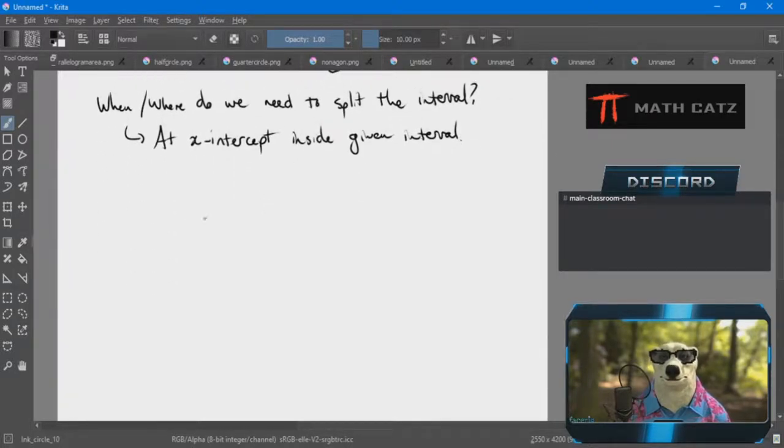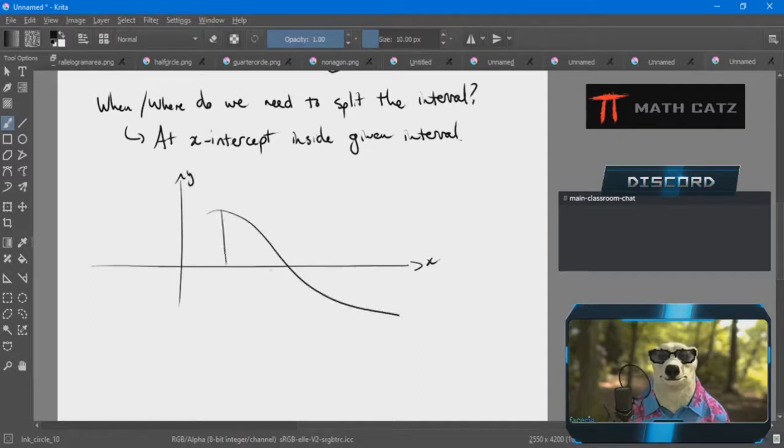If I have a graph, regardless of what it is, if in my interval there is an x-intercept, that means it's going to cross the x-axis potentially. And some area might be positive, some area might be negative, and if I do not split it up here at this x-intercept C, my full one-time definite integral is not going to accurately give me the total area between the graph and the x-axis.